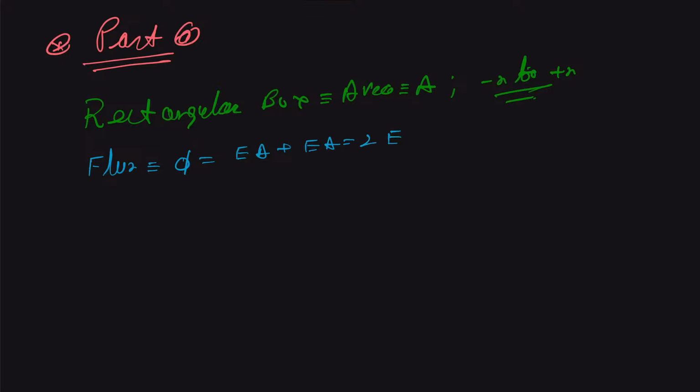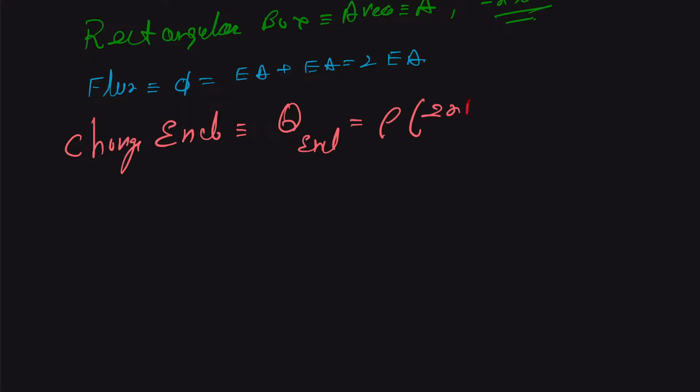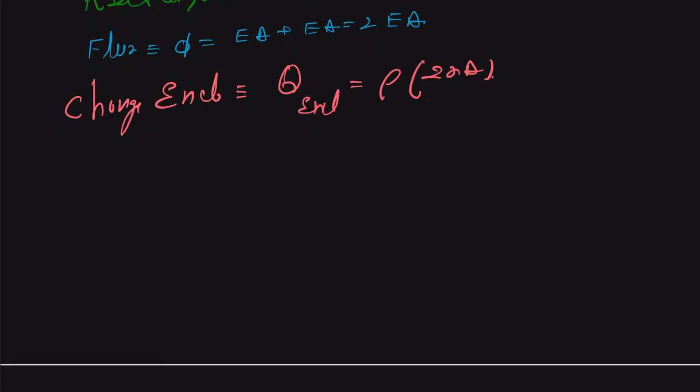So this comes as 2EA, and the charge enclosed is, suppose, Q enclosed, which will be equal to the charge density times 2x times A. And so by Gauss law, 2 times electric field times area will be equal to the charge enclosed, that is 2x times A, upon epsilon naught.